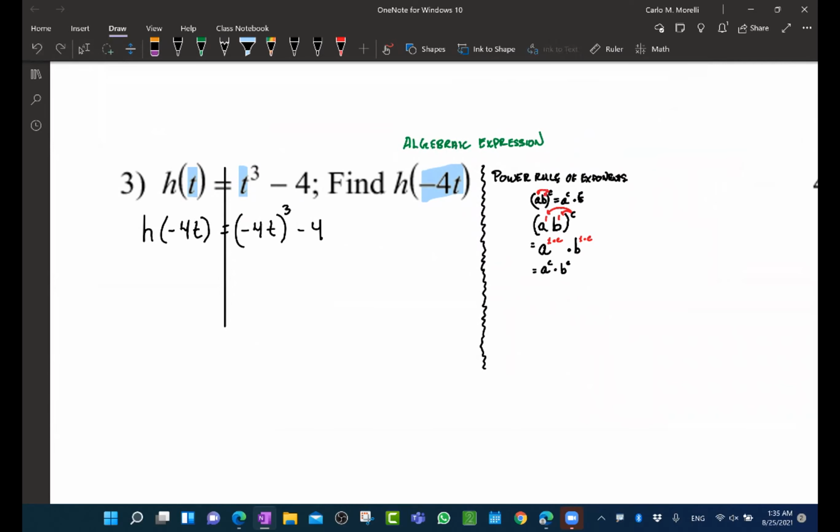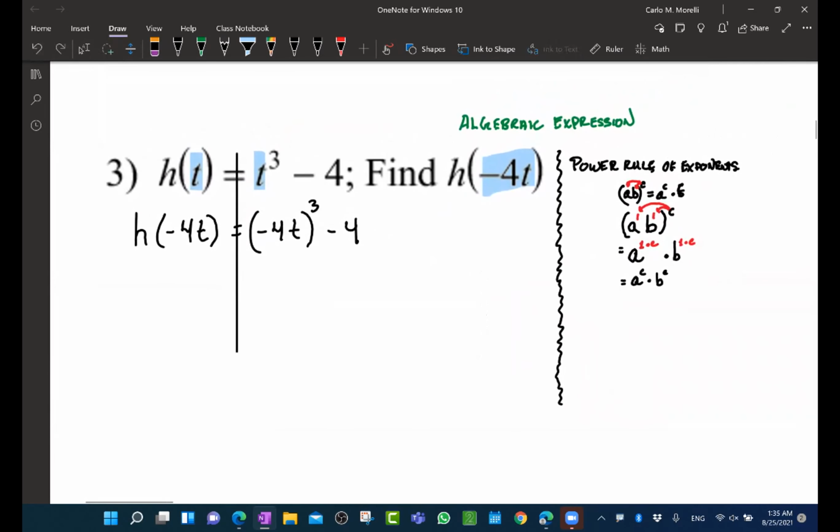Okay, so now we're going to apply the power rule of exponents to this problem here. Let's bring over into side work this -4t cubed.